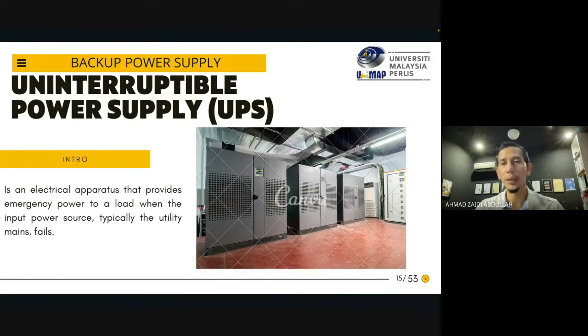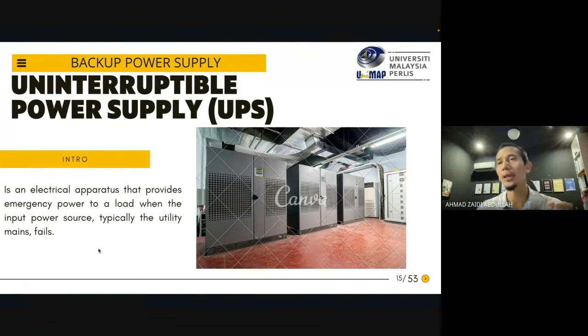You must be prepared, at least with some idea: oh, for the UPS I need a special room, and inside it you must have a separate room for the battery. Otherwise, maybe you don't know anything related to the UPS. So the function is an electrical apparatus that provides emergency power when the input power source, typically the utility, fails. That is its function, it is a backup, as the name says.